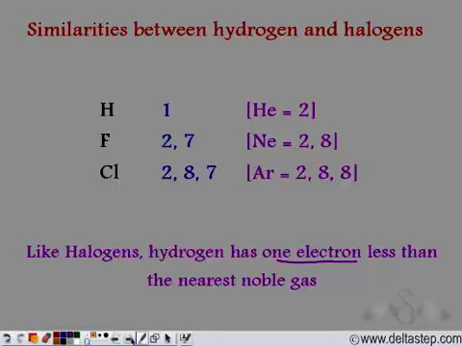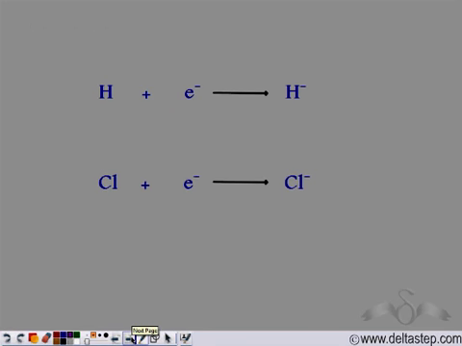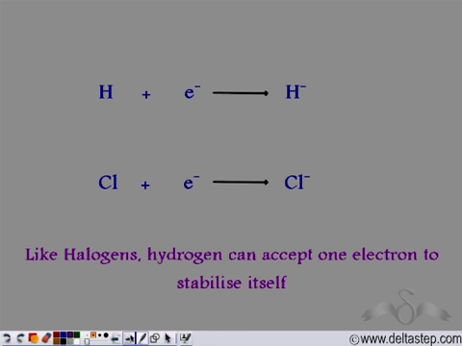Another similarity: like all halogens gain electrons to complete the octet, similarly, hydrogen has one electron. It gains one electron to complete the duplet structure. So like all halogens gain electrons, similarly hydrogen gains one electron to stabilize itself, that is, to complete the duplet structure.